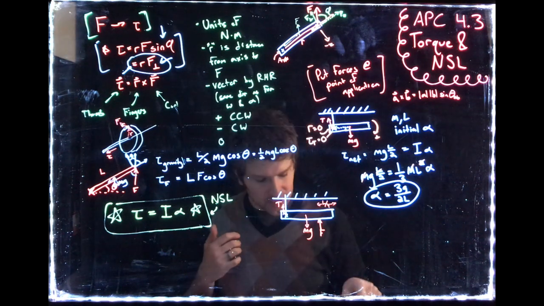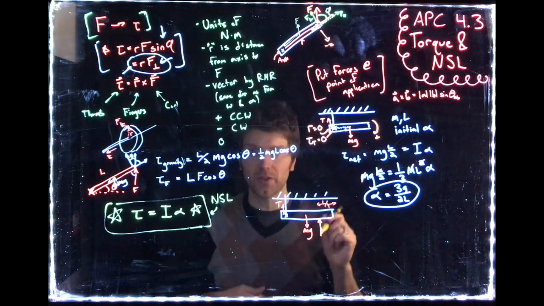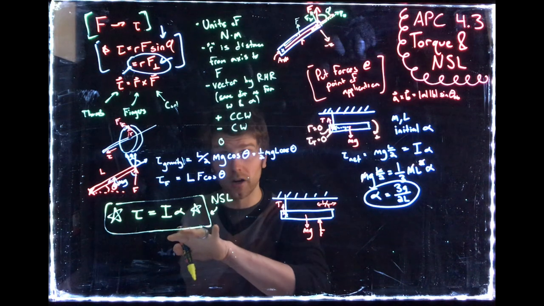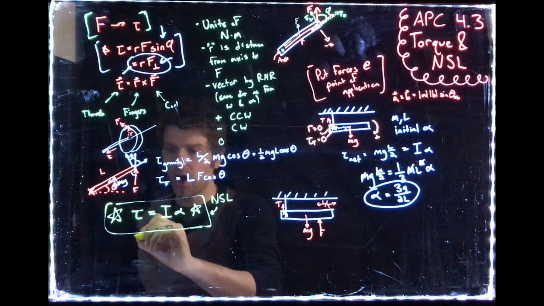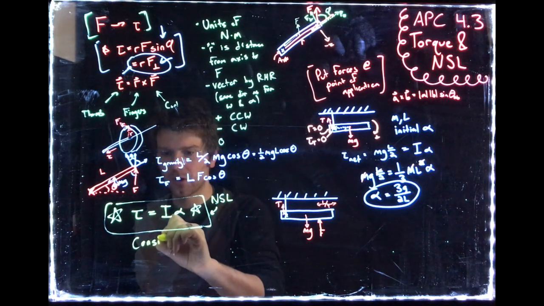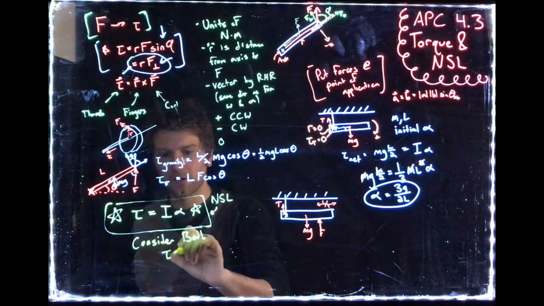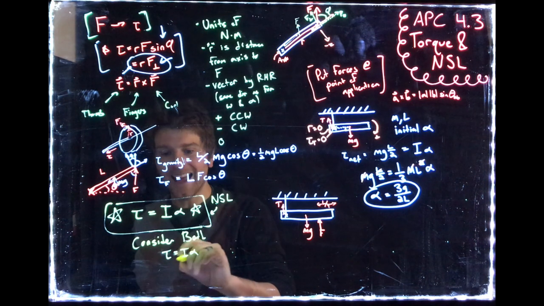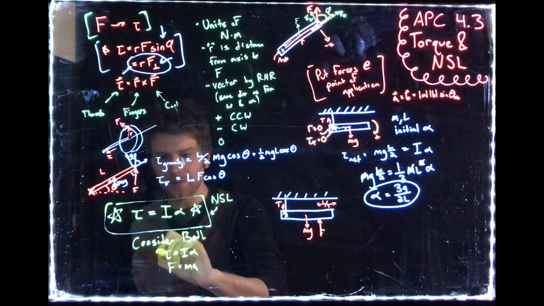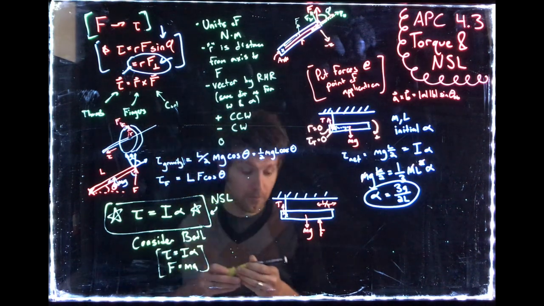Well, in this case, we actually really need to consider two things. And this is a really big part of what happens in the unit on rotation: often we need to consider both torque equals I alpha and F equals ma. Sometimes we need to consider both of those.